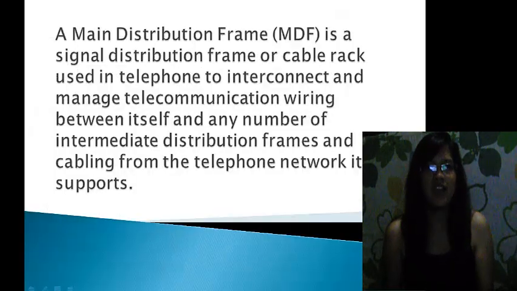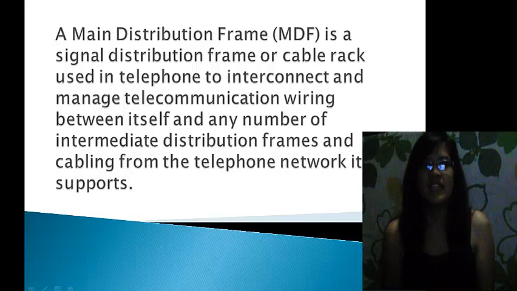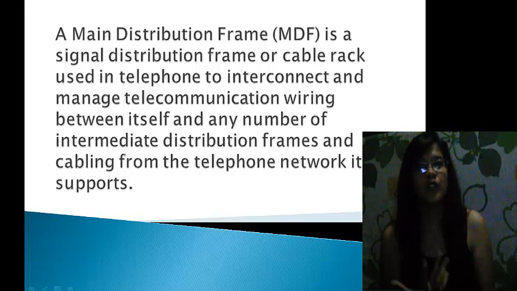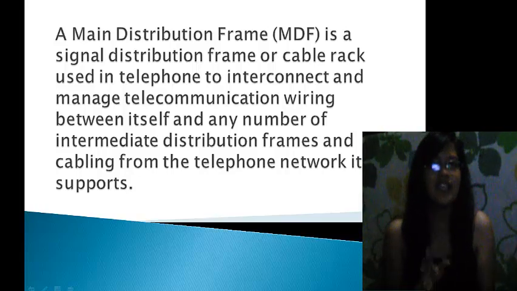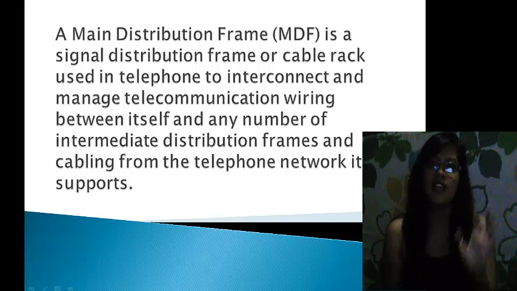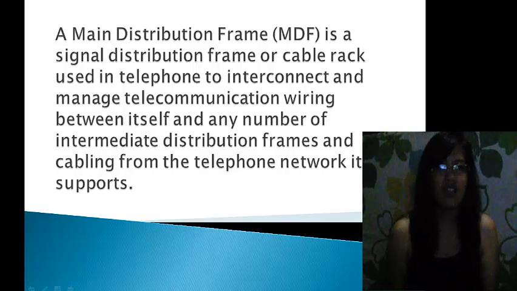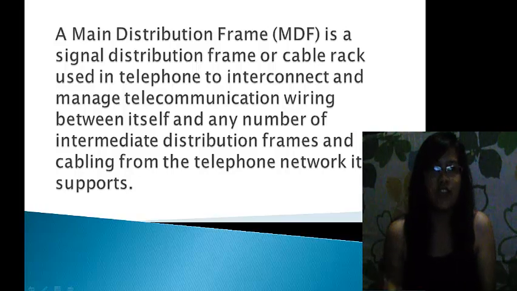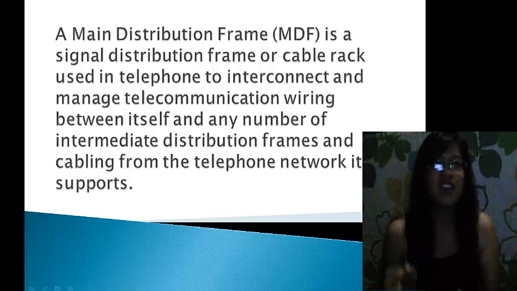Then we have the other one, the main distribution frame, or the MDF. It is the signal distribution frame or a cable rack used in a telephone exchange to interconnect and manage telecommunication wiring between itself and any number of intermediate distribution frames and cabling from the telephone network that it supports. The MDF connects equipment inside the telecommunications facility to cables and subscribers' carrier equipment.